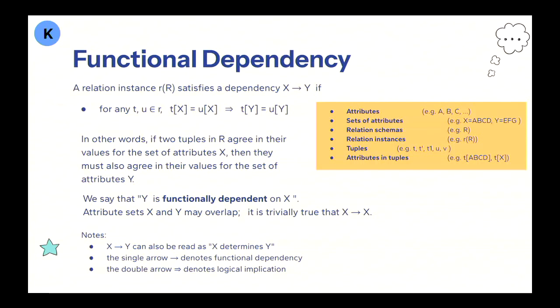So here is the formal definition of functional dependency. This reminds you of what concept we have learned before. X could determine the value of Y. So if X is fixed, then the values of the attributes inside Y are also fixed. Which concept can you think of for describing X?